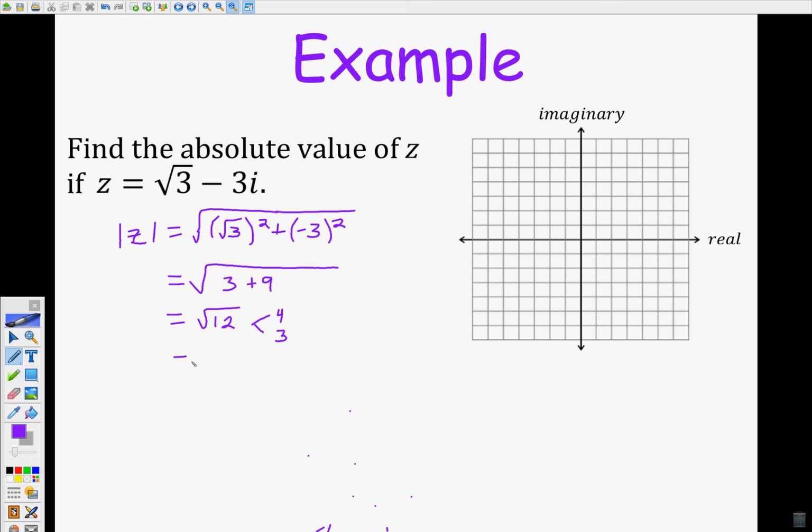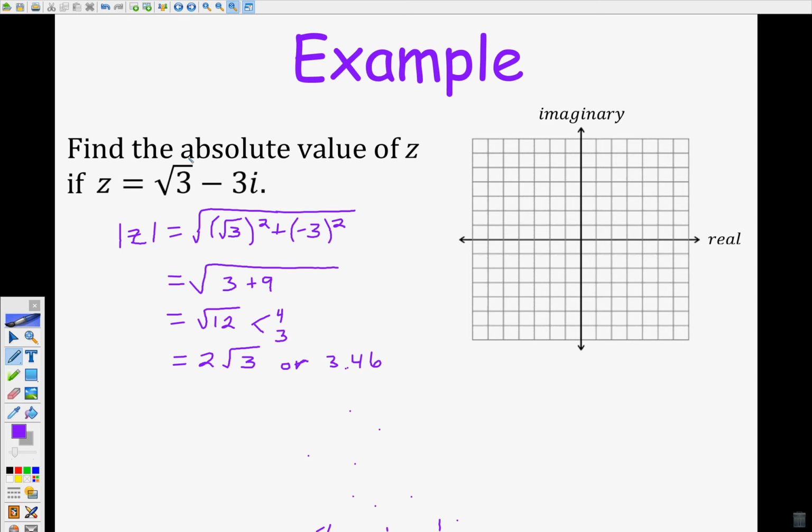The square root of 4 would be 2, and then the 3 stays on the inside. And so that would become 2 square root 3. Or if you guys want to make it a decimal, you can make it a decimal, and it would be 3.46.